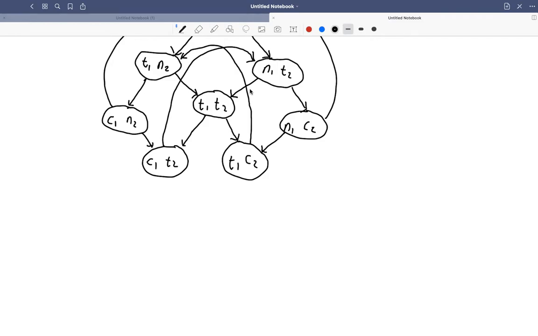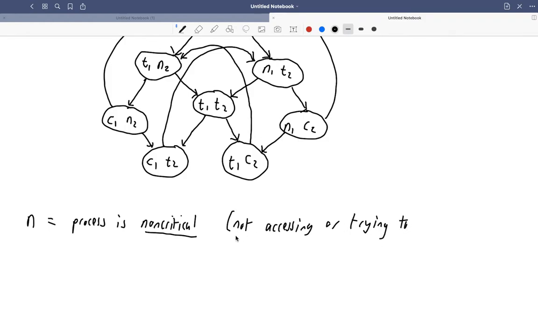Okay, so just to write down the annotation so it's in the notes. N is that the process is non-critical: not accessing, or trying to access, emphasis on not, the resource. T is that the process is trying.